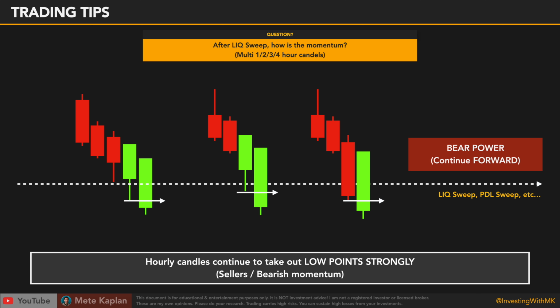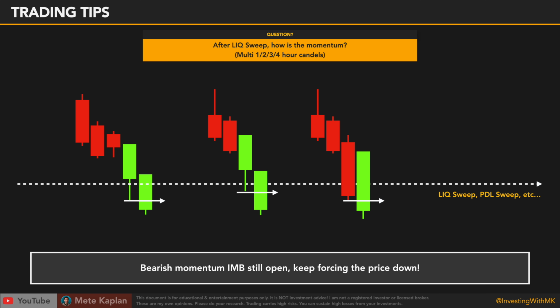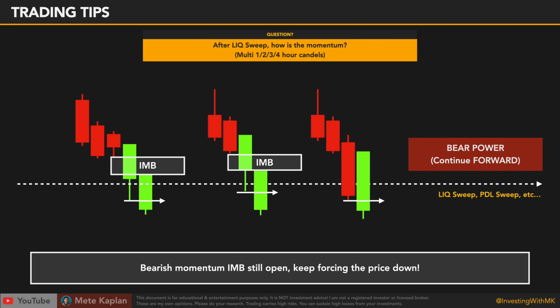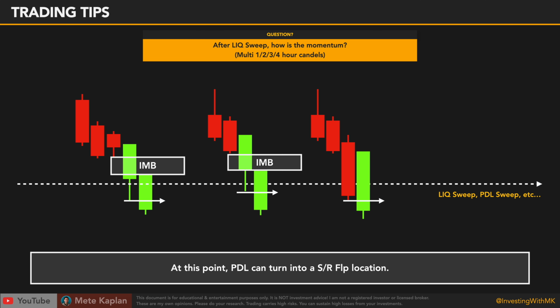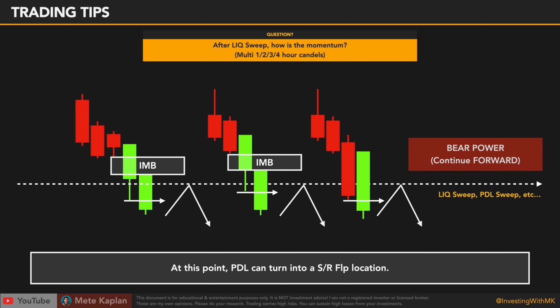Seller power continues. Then, if you also see these big imbalance areas, the momentum is still strong on the downside and still favors the bearish power. At this point, the important liquidity level area can turn into a support and resistance flip location, basically a masterclass amplifier. I hope that all this part is very clear.